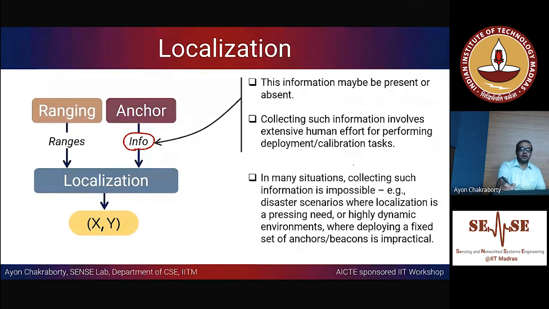And sometimes in situations like disaster management, or let's say the military wants to go somewhere and they need this kind of an ad hoc localization right now and right there at that time, so they might throw some of these anchor devices randomly, right? There could be, let's say, a small ball kind of a thing that has, let's say, a camera, and that has wireless transmitters embedded in it, right?